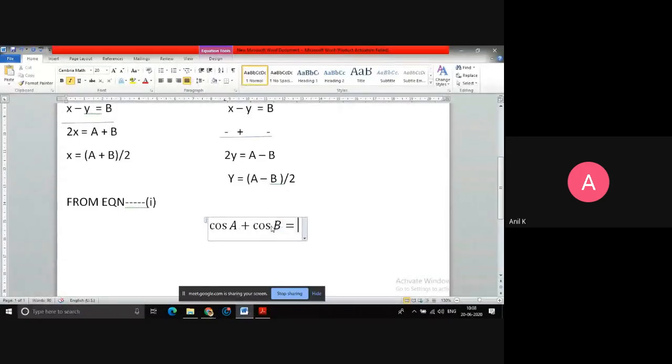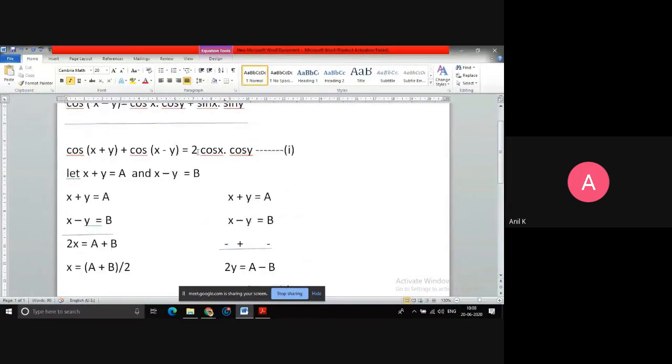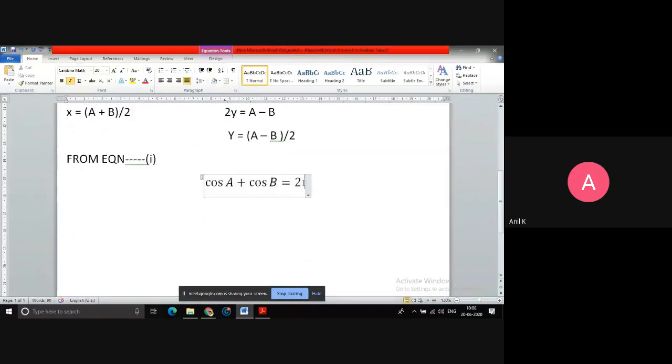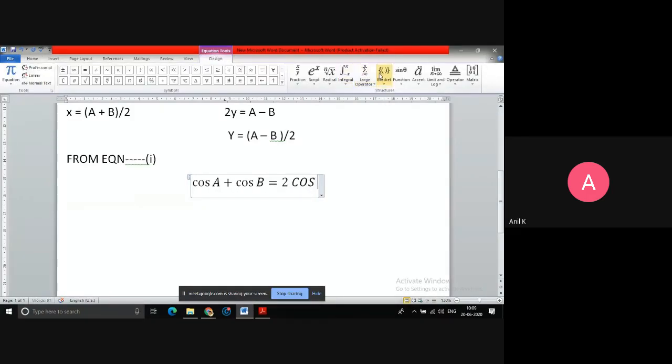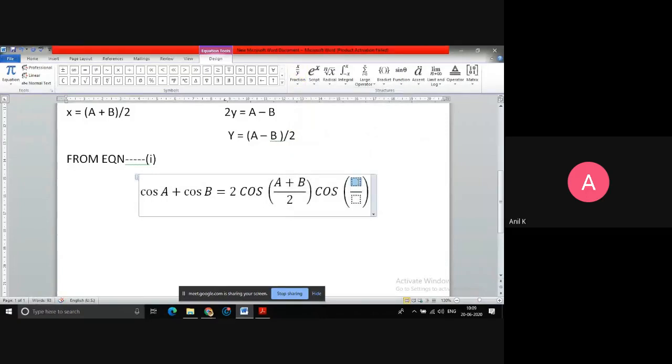which is equal to 2 times, then you have 2 times cos x cos y. So 2 times cos, if I want to insert the terms as fractions, in place of x, I have to rewrite (a plus b) upon 2, and here you'll get cos, let me put the bracket, (a minus b) upon 2 in place of y.